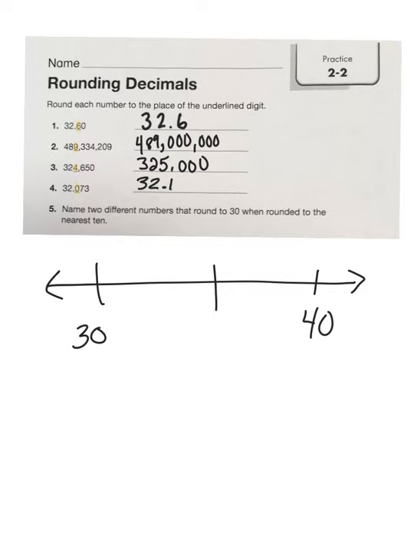What's the midpoint in between 30 and 40? Once you know that, you should be able to select at least 2 numbers that when you round down, you would round down to 30. So you're trying to figure out at least 2 numbers that are in between 30 and the midpoint.